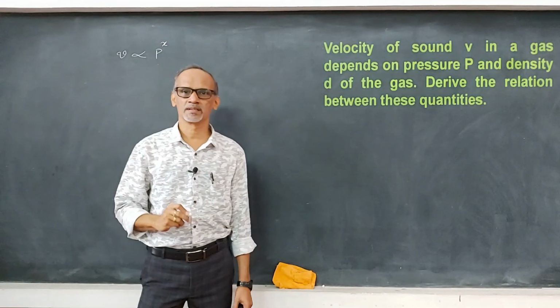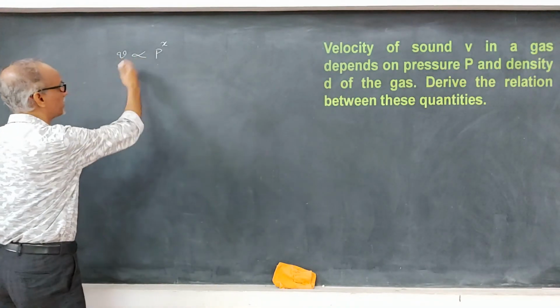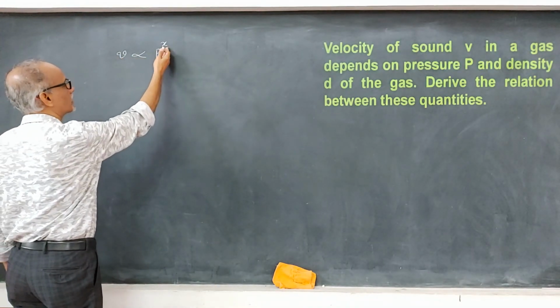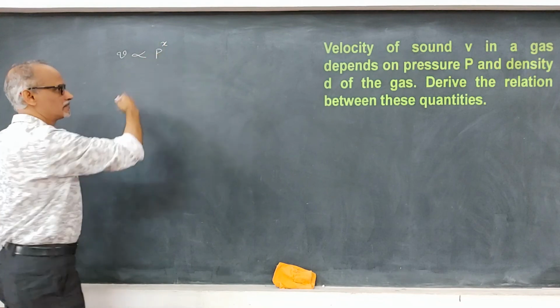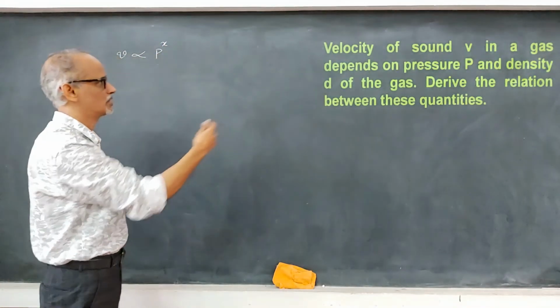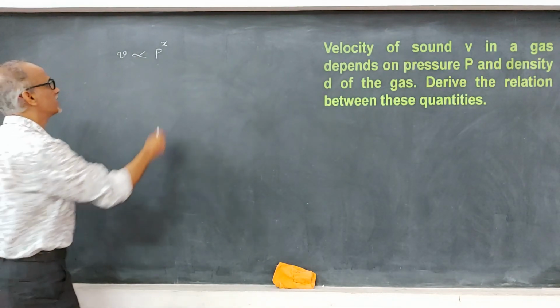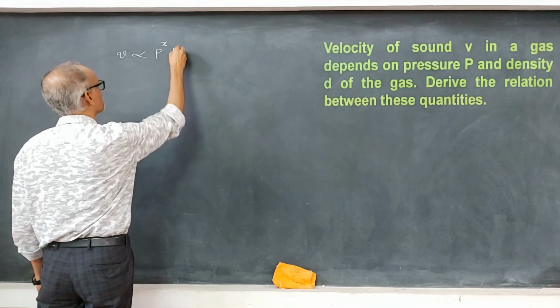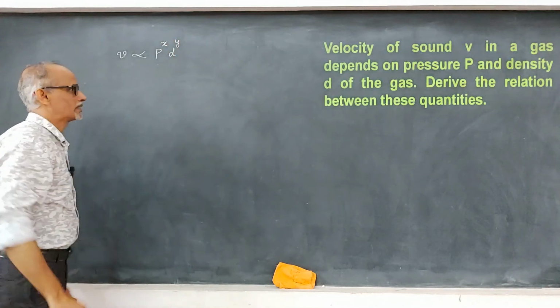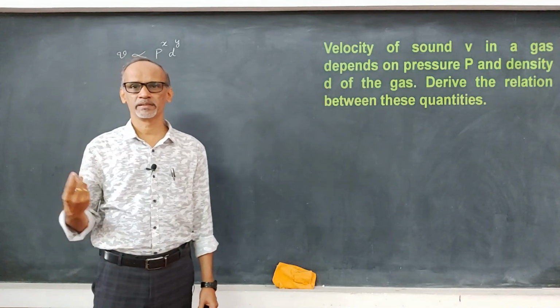You have to always consider that power to be x. We do not know the dependent power, it can be square, square root, then inverse. Inverse means minus 1, minus 2, any power. So, which we have to calculate, that is our job. Our job is to derive the relation, correct, pressure P and density D. So, this is the second variable to the power y of the gas, derive the relation between these quantities.